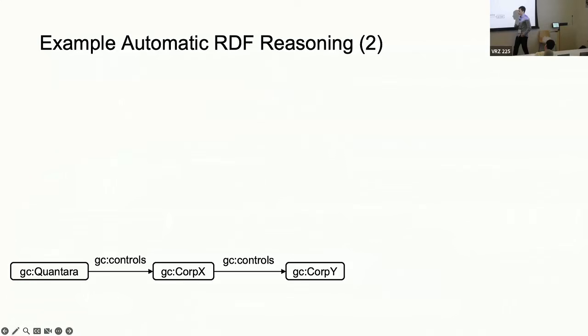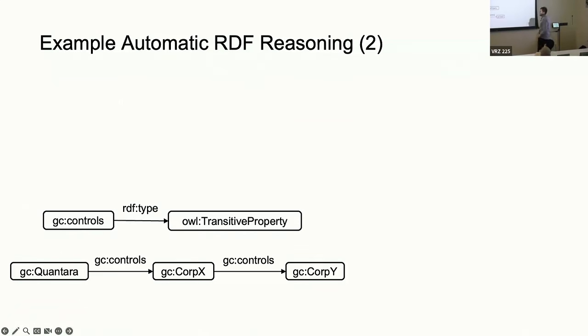So let me give you another example. Suppose you modeled this controls relationship. Quantara maybe controls corp X, and corp X controls corp Y. Now, in the Datalog example that I gave at the beginning of the tutorial, I had to write these manual recursive rules to reason that Quantara also controls corp Y indirectly, right? Now, the way you would do that in an RDF system is that you would instead just say controls is a type of OWL transitive property.